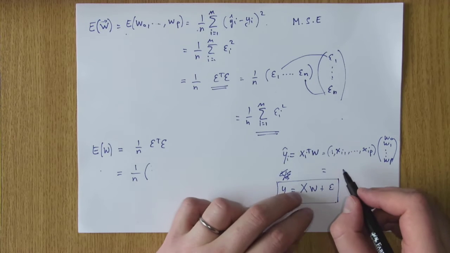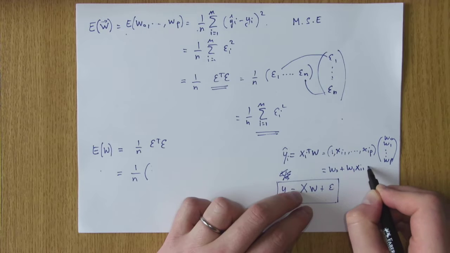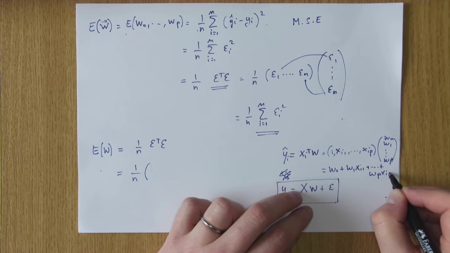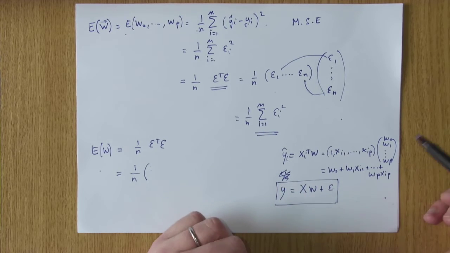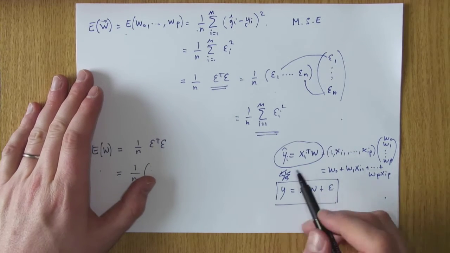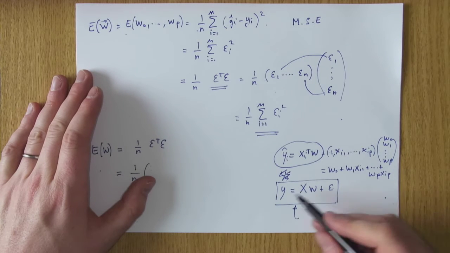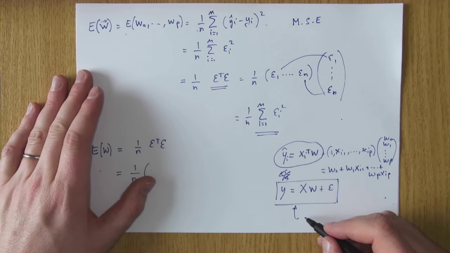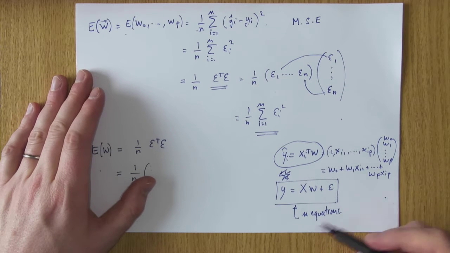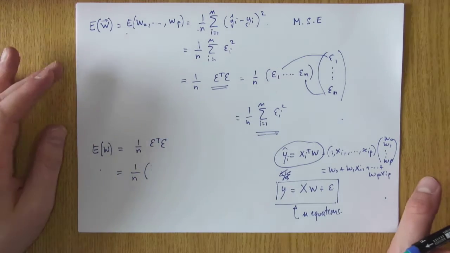This is really equal to w0 plus w1 xi1 plus and so on and so forth to wp xip, which is exactly the linear model. Okay, so this is a matrix notation for a prediction, and this is the matrix notation for the entire model. So here it's basically you have n equations really. Okay, so these are n equations stacked together in a single linear expression.